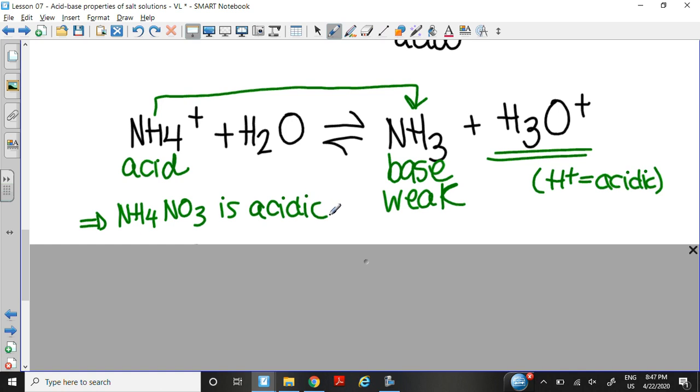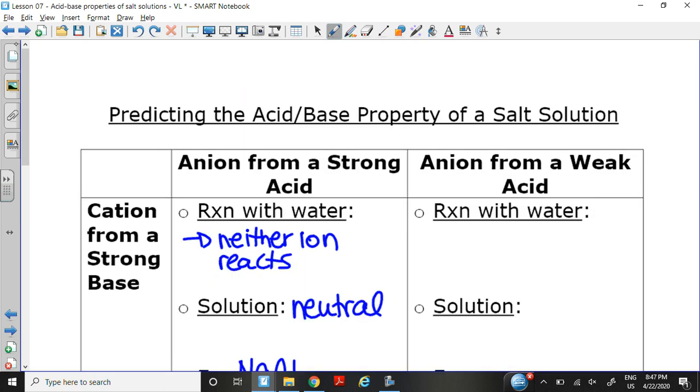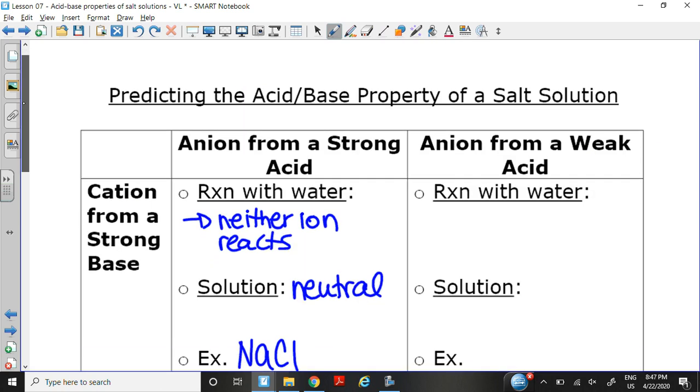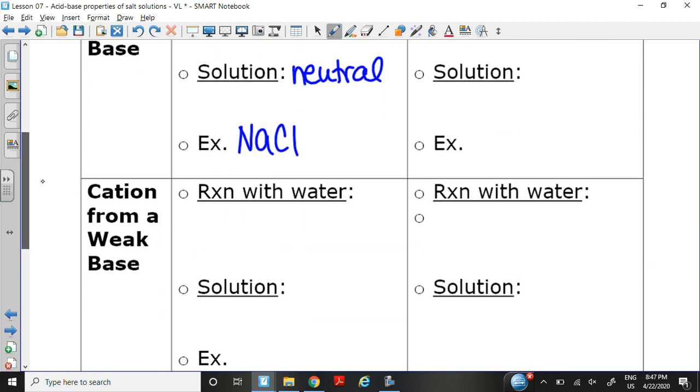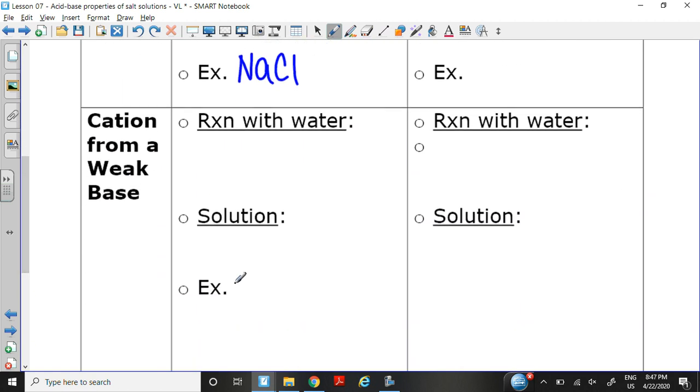Before we do the last problem, let's fill in the rest of our chart for the last 2 examples, and then we'll deal with our final scenario, which is the most complicated. We can fill in the one that we just did first. That was down here, ammonium nitrate. We have a cation from a weak base, that was the ammonium.